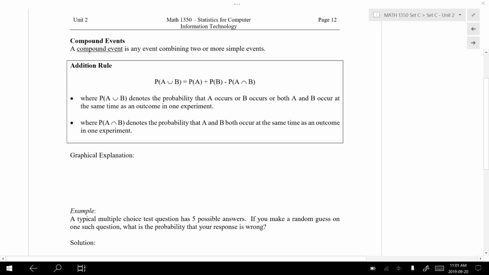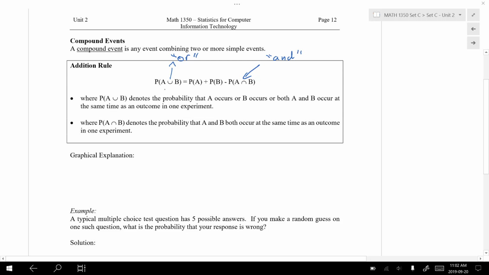Now, to ramp up the complexity here, we can think a little bit about compound events. So we can take 2 or more simple events and imagine combining them. We can use the following notation here. So we use the cup notation here to specify or, and we'll use the cap symbol here to represent and.